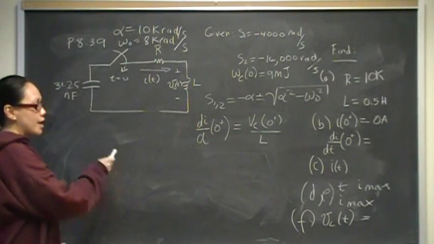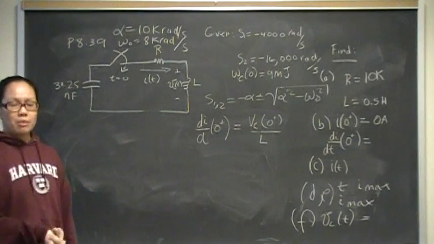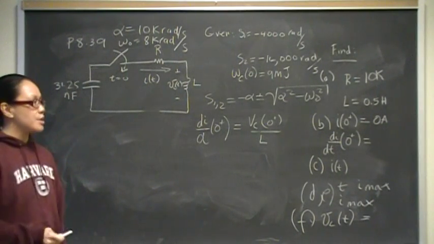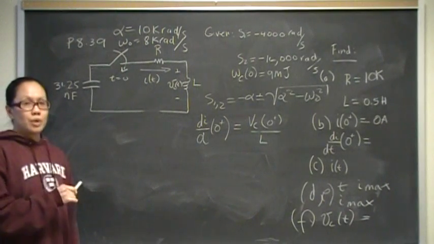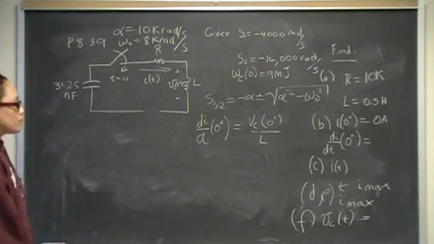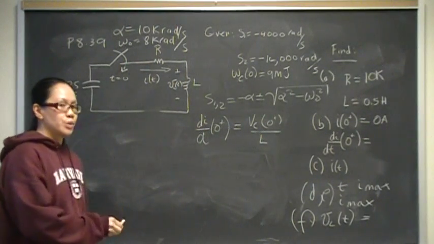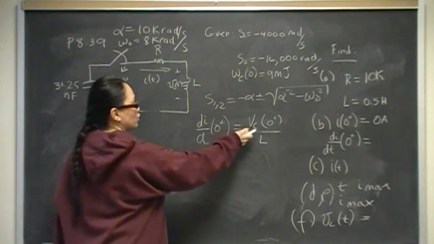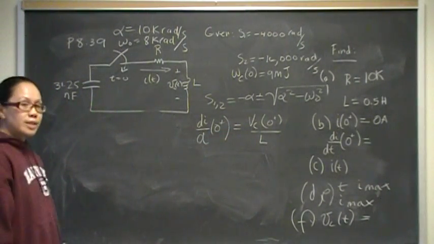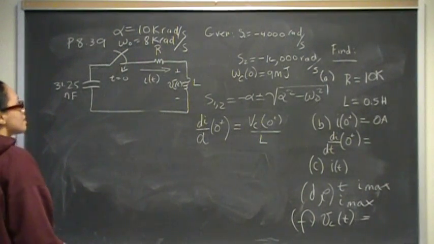So whatever voltage we find at time 0 before the switching, we'll find indirectly from that 9 millijoules, and it will remain the same after the switching happens. So by finding the voltage before the switching, we also know the voltage after the switching. And that's really what we're looking for, because that will tell us the change in the current in the inductor.